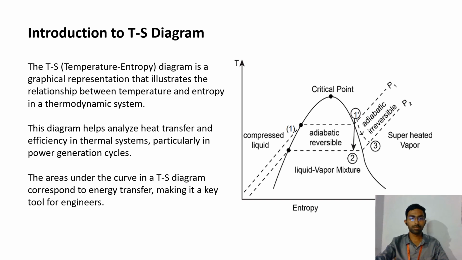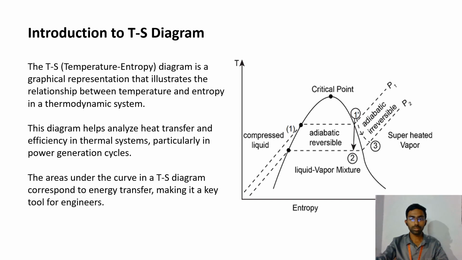This diagram helps analyze heat transfer and efficiency in thermal systems, particularly in power generation cycles. The area under the curve in a TS diagram corresponds to energy transfer, making it a key tool for engineers.